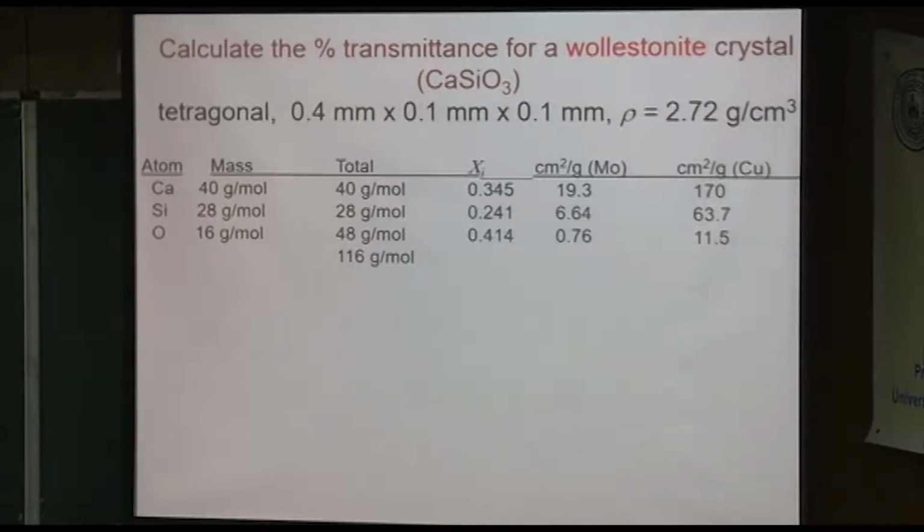So those are those high values. Then these are the mass absorption coefficients from the table for molybdenum and for copper, per gram. Okay.